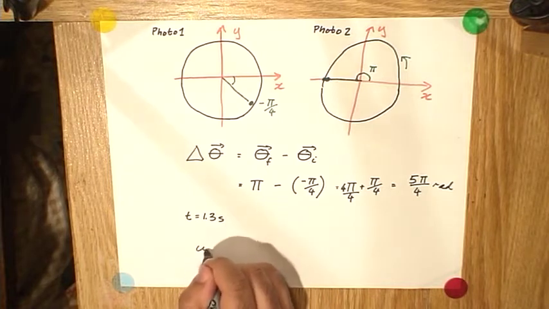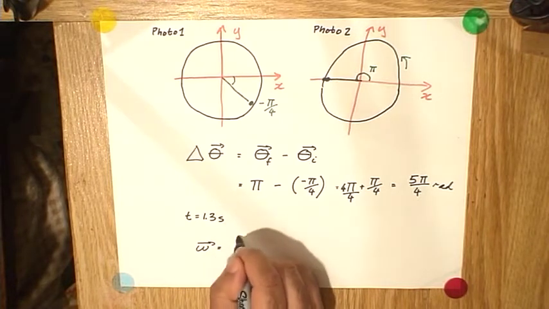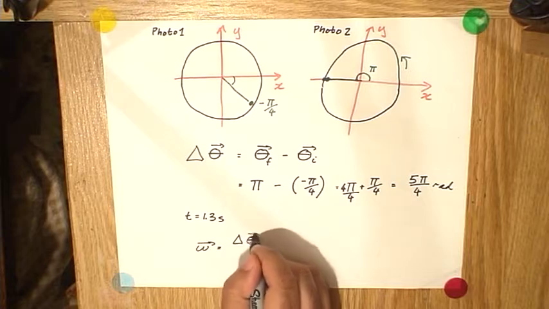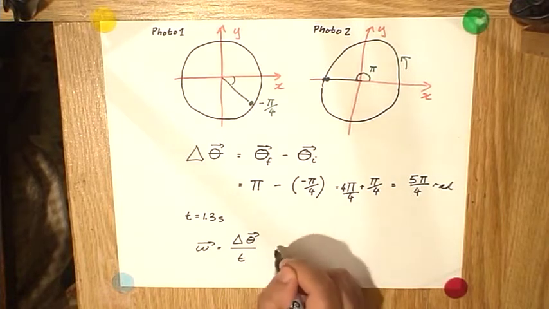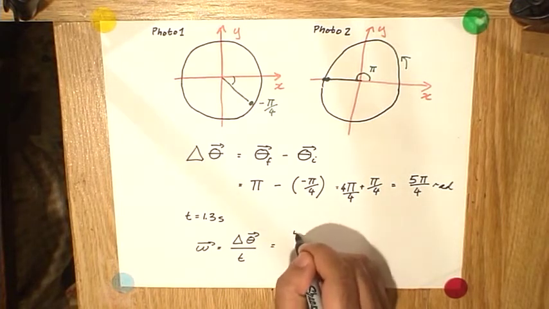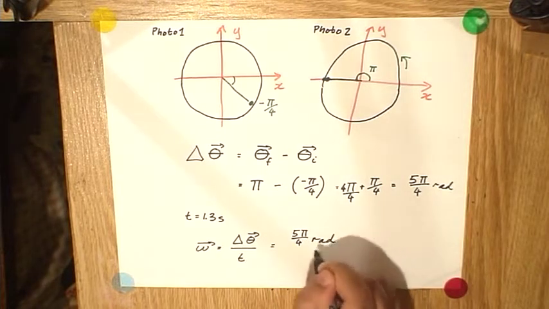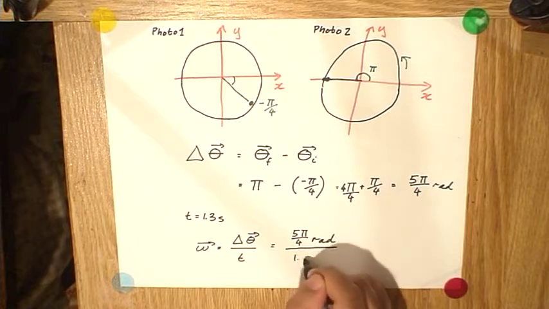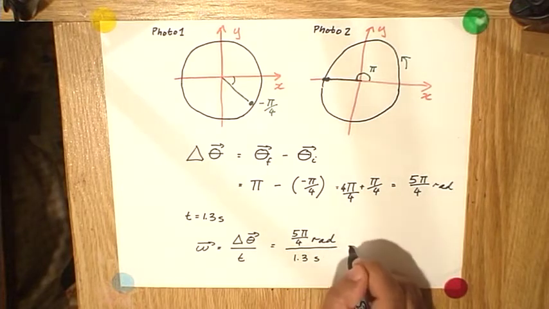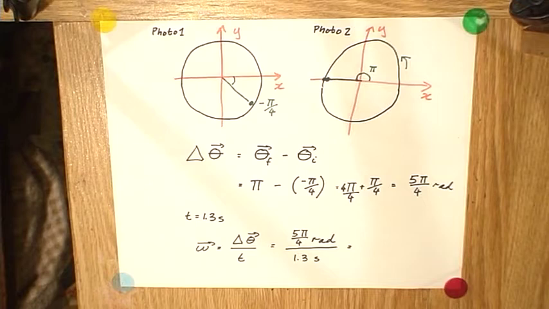So, the angular velocity is equal to angular displacement divided by time, which equals 5 pi over 4 radians divided by 1.3 seconds. That's easy enough to find.